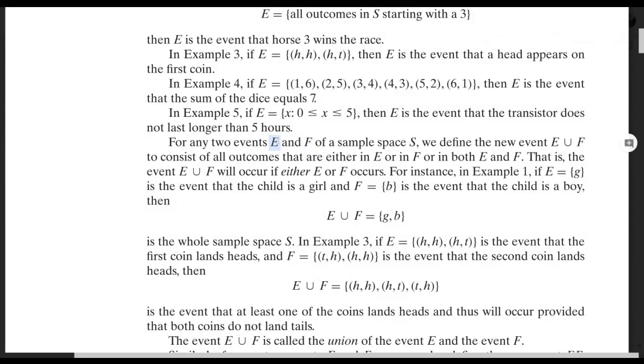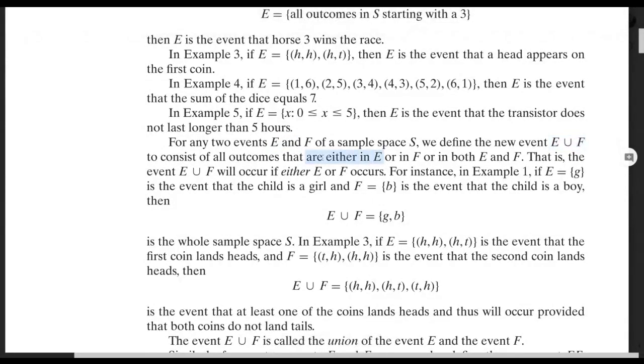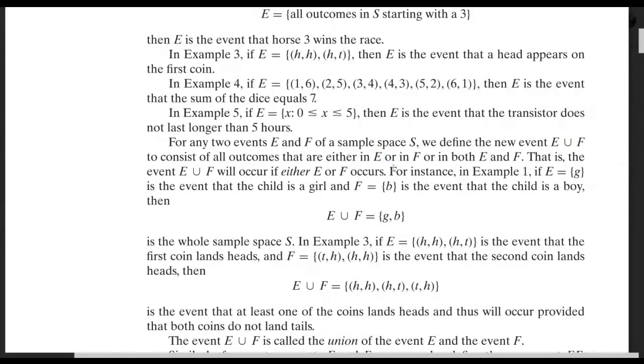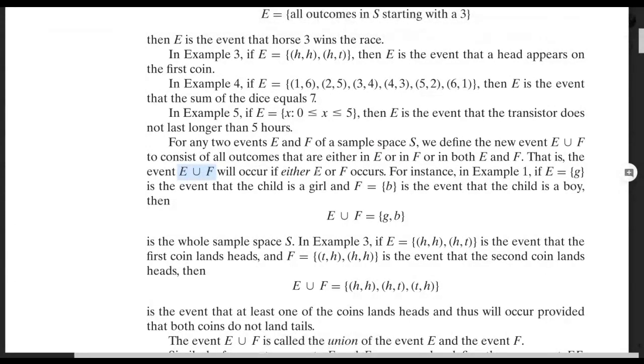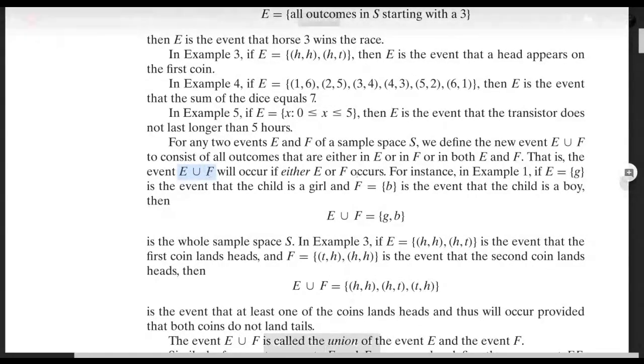So use E and F. If the 2 events are from sample space S, we define the new event E union F to consist of all outcomes that are either in E or in F. This is the union sign. Union means or, the word or. So the event E union F will occur in either E or F, in either one.